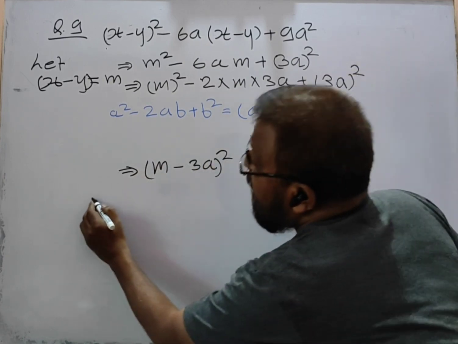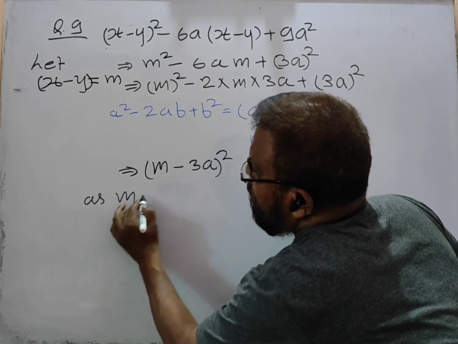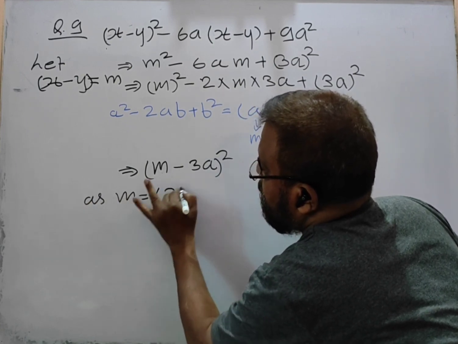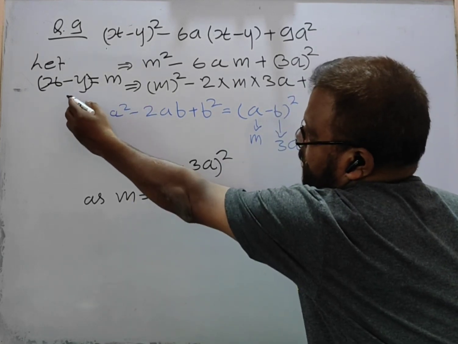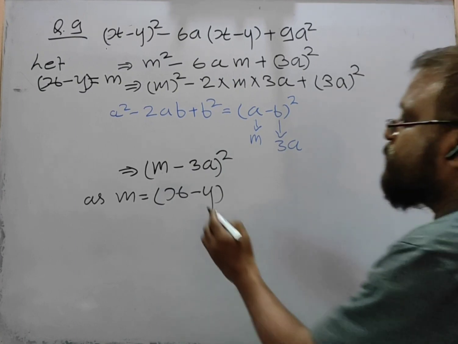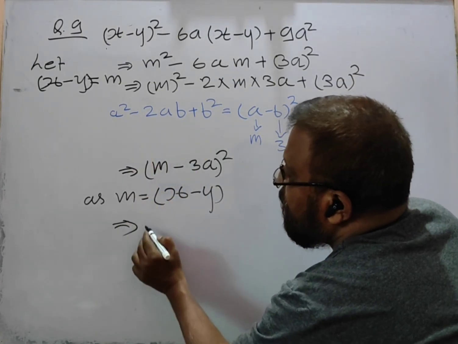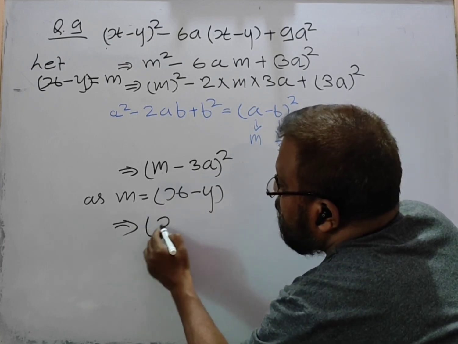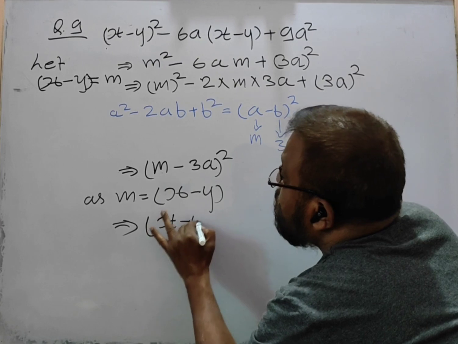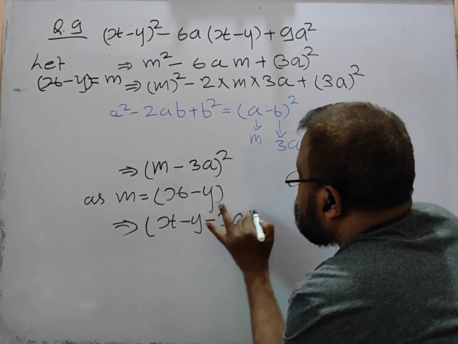Now as m is equal to x minus y, as we have taken here, right? So now we put the value back into the equation. So we'll write (x minus y minus 3a) whole square.